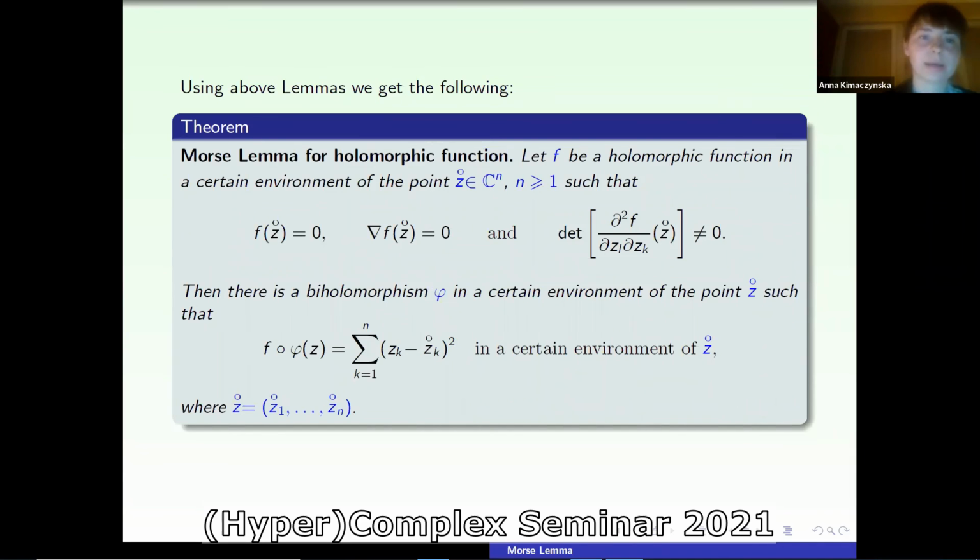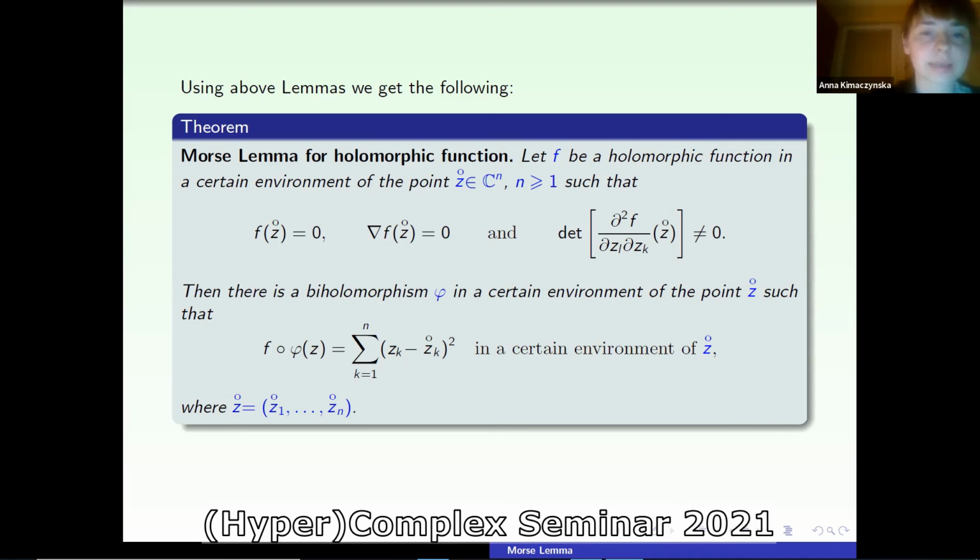And finally, we have the Morse lemma for holomorphic functions. Let f be a holomorphic function in a certain environment of the point z0 from C^n, n is greater or equal to 1, such that f of z0 is 0, nabla f of z0 is 0, and the Hessian of f in z0 is not equal 0.